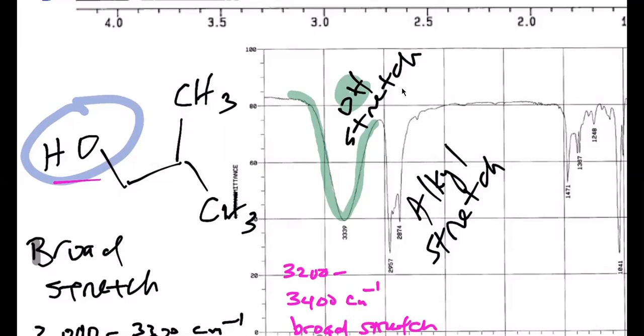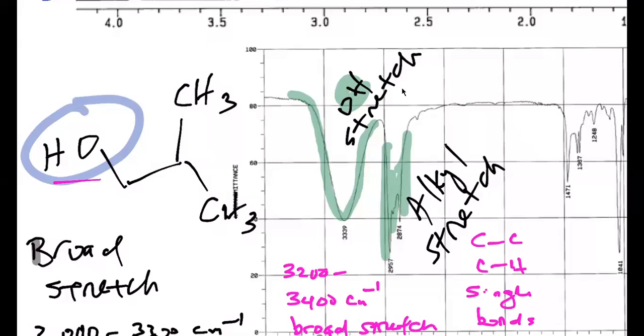The same with the alkyl stretching. All of this jagged mess right here is for all those carbon and carbon hydrogen single bonds. That stretch is ubiquitous. It's always somewhere between about 2,800 and 3,000, and it always looks the same, jagged and rough like that.